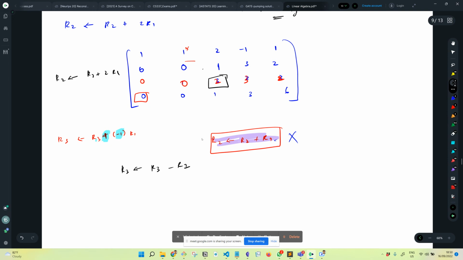Right? Again observe, when you do R3 equals R3 minus R1, this entry will become minus 1. Do you see what I mean? But we don't want that, because as per our definition of RREF, this entry should be 0 only. When you're doing an operation, we better not disturb something that we have already fixed.